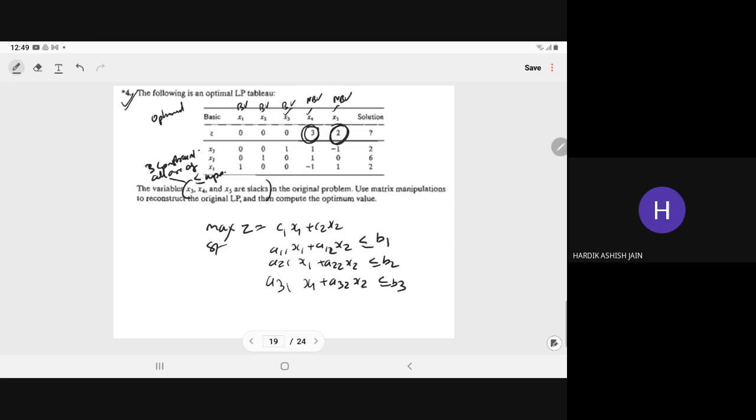That is only the problem structure, and x1, x2 are non-negative. It means we have to compute c1, c2, b1, b2, b3, a11, a12, a21, a22, a31, a32. From the optimal table, you have to find the original question.